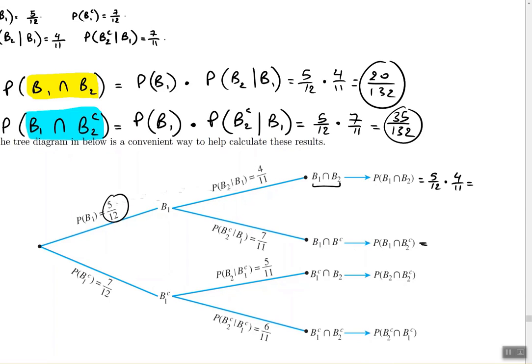To calculate the probability of having a red ball on the first try and not a red ball on the second try, the probability there is 5 out of 12 times 7 out of 11. And we already calculated both of these, and we got 20 over 132 for the first one and 35 out of 132 for the second one.